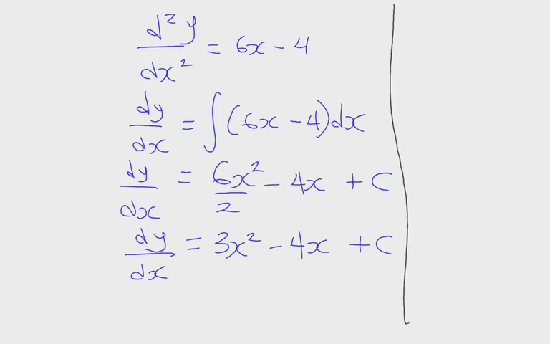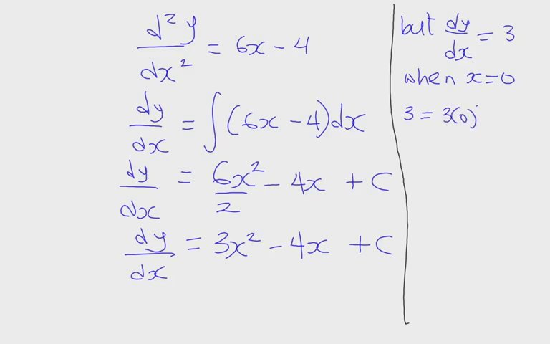But dy/dx is equal to 3 when x is 0. So we're going to substitute it here. So we have 3 equals 3 times 0 squared minus 4 times 0 plus c.